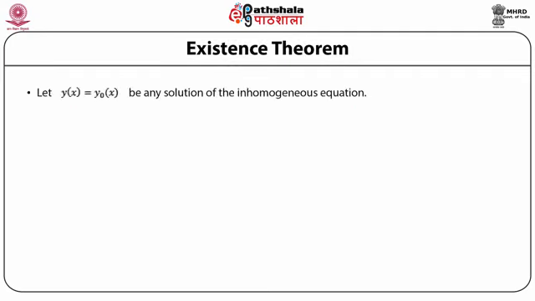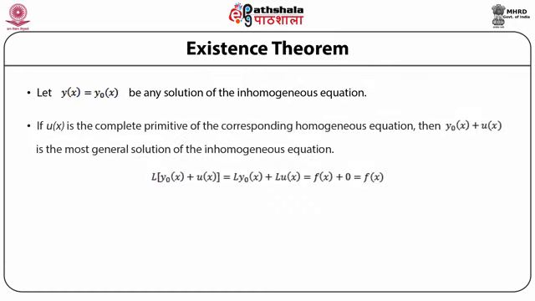Secondly, let y of x equal to y0 of x be any solution of the inhomogeneous equation. If u of x is the complete primitive of the corresponding homogeneous equation, then y0 of x plus u of x is the most general solution of the inhomogeneous equation.